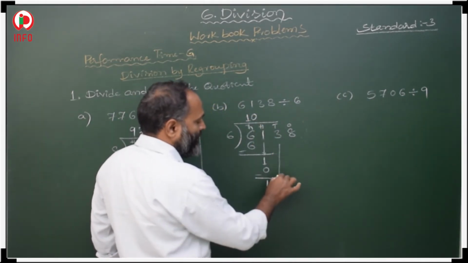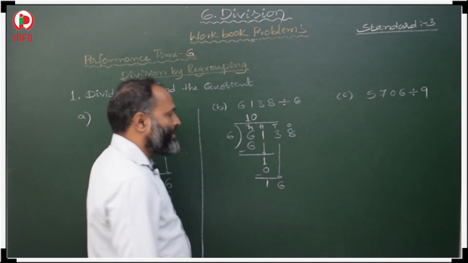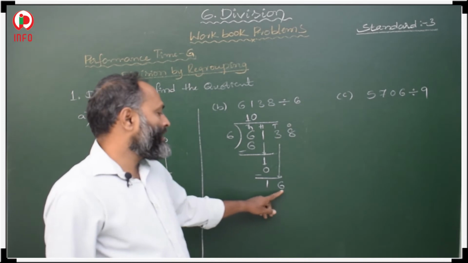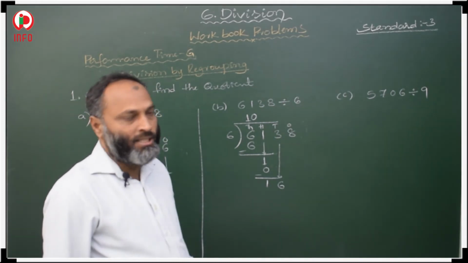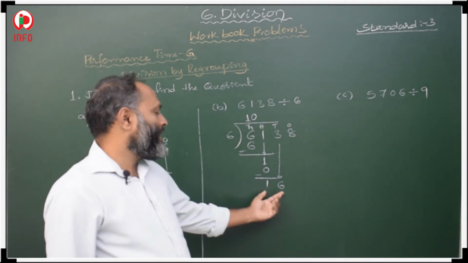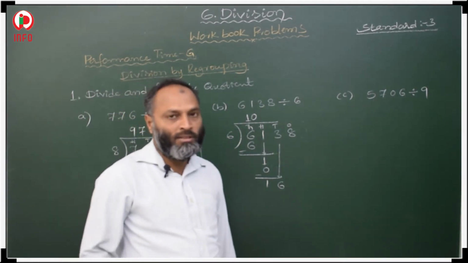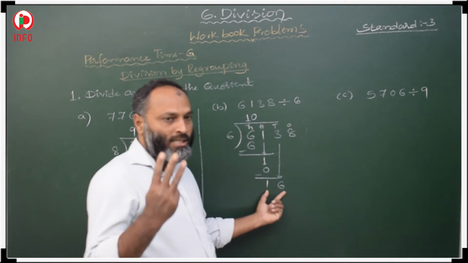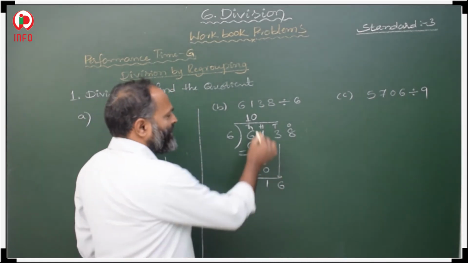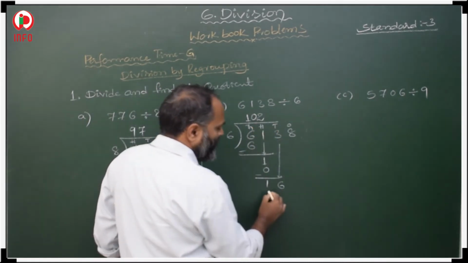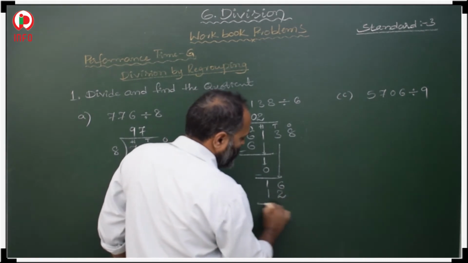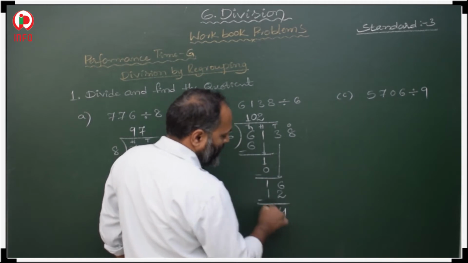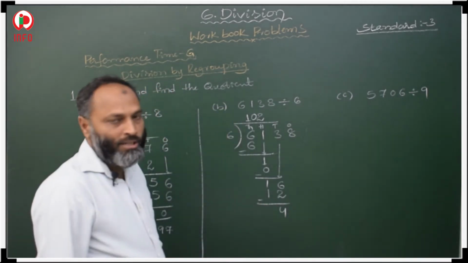Then after that the 10's place. Then 16 tens, 1 hundred and 6 tens, that is 16 tens. In the 6 table when will you get 16? Read your 6 table, 6 1's are 6, 6 2's are 12, 6 3's are 18, 18 is more, so 6 2's are 12. Then minus, 6 minus 2 is 4, 1 minus 1 is 0, no need to take.